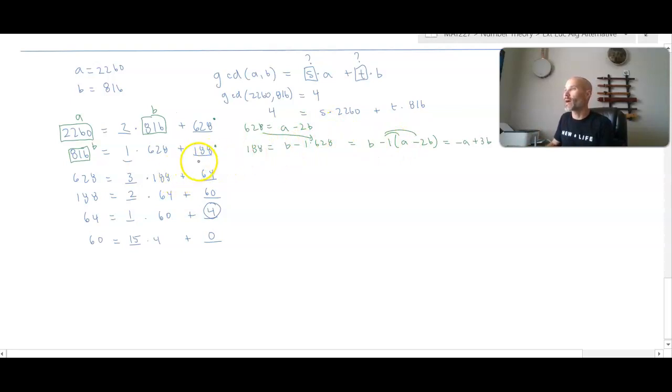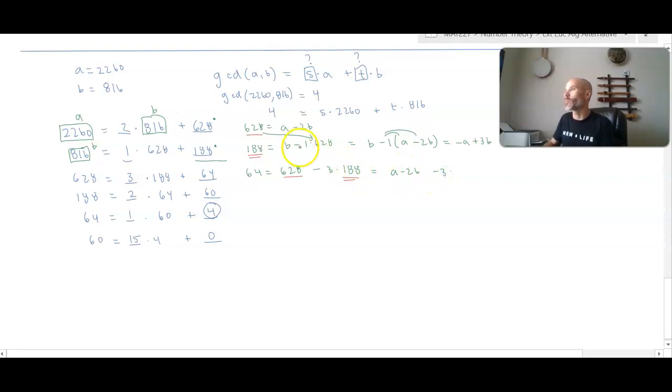Now every line after that, we're going to be making two substitutions. So here in this line, we have 64 equals 628 minus 3 times 188. Now the reason we have two substitutions is because 628 is right up here, and then 188 is the previous line. So we have to make those two substitutions to keep things in terms of a and b. So we get 64 equals A minus 2B in for 628 minus 3 times 188.